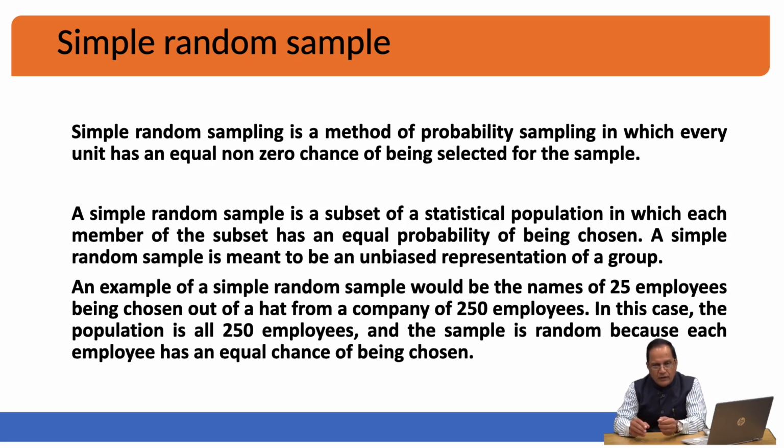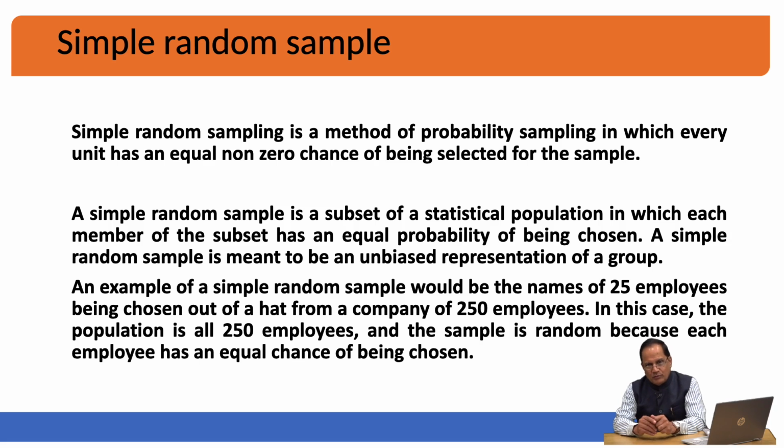And how can it be done? The simplest method is that the roll numbers of these students can be written on chits, and all these chits can be put in a sack, and then the chits bearing the roll numbers of the students will be reshuffled, and then someone may be asked to pull out 600 chits from this sack.